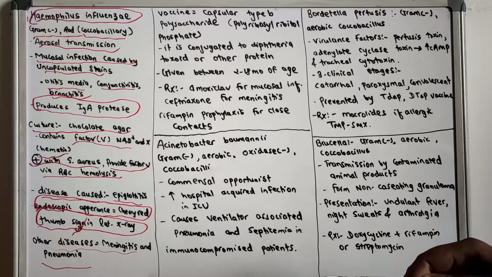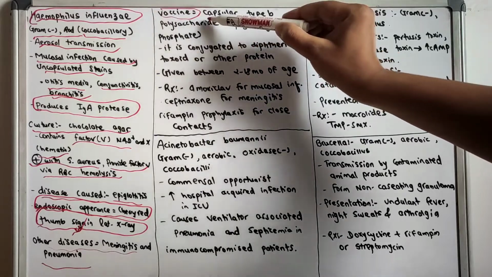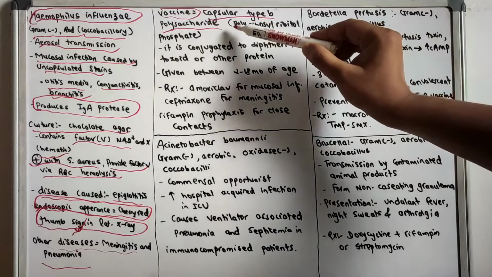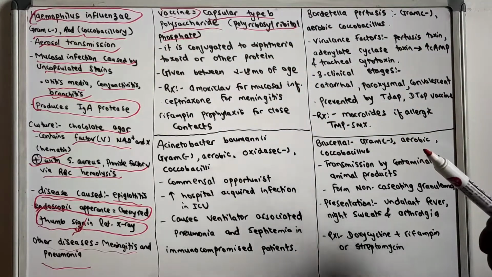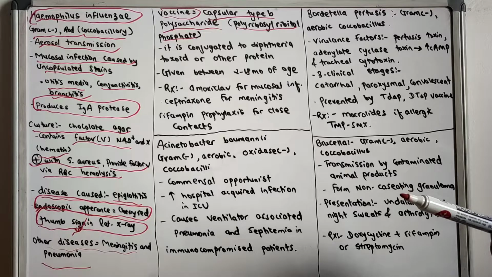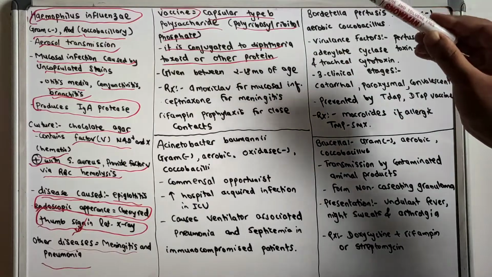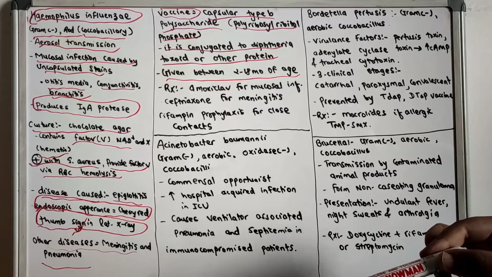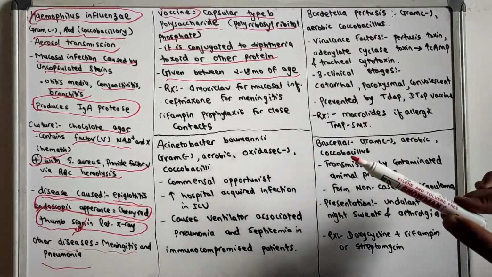So let us talk about the Hemophilus influenzae vaccine. It is the capsular type B polysaccharide vaccine, the polyribosyl ribitol phosphate vaccine. It is conjugated to diphtheria toxoid or another protein, and it is given between 2 and 18 months of age. But it is only for prevention.